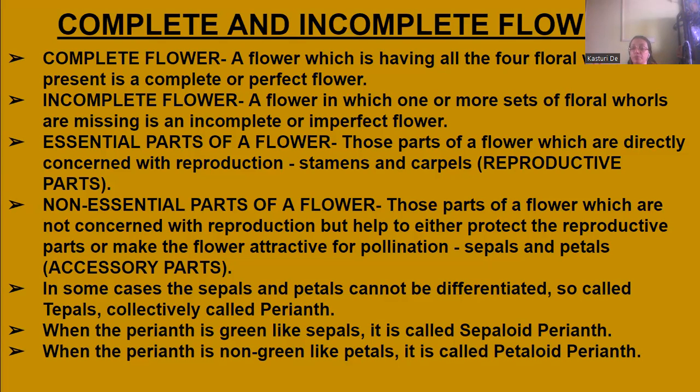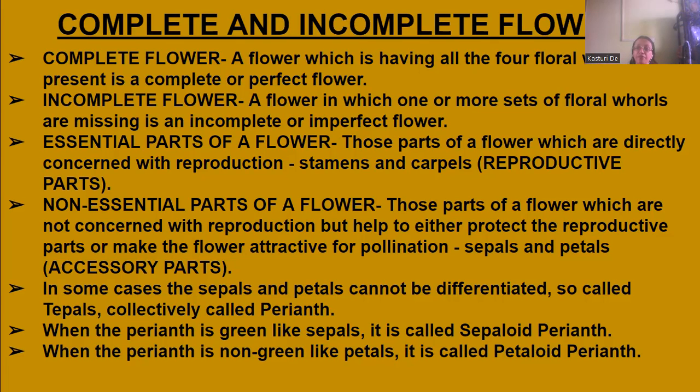All four walls are present, then it is known as a complete flower. If one or more of the four walls are missing, then it is an incomplete or imperfect flower. A complete flower is also known as a perfect flower, whereas incomplete flowers can be called imperfect flowers. Now, what are the essential parts of a flower?